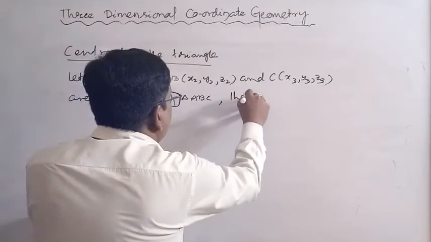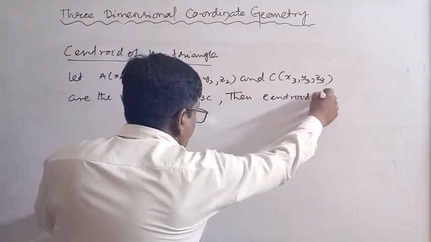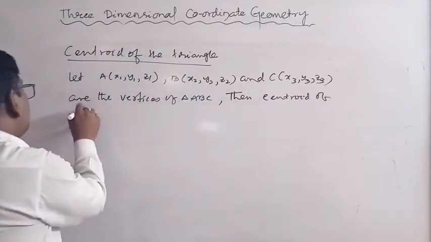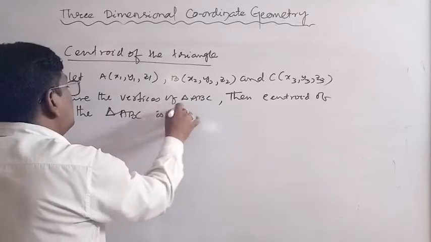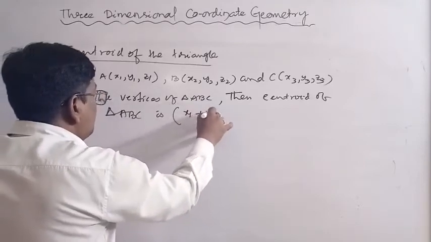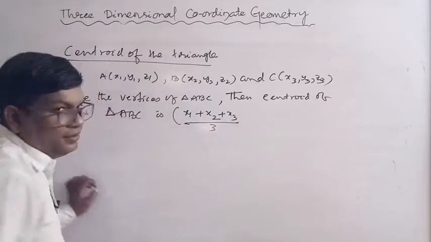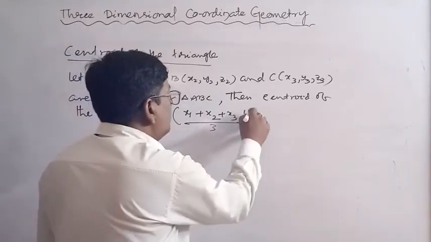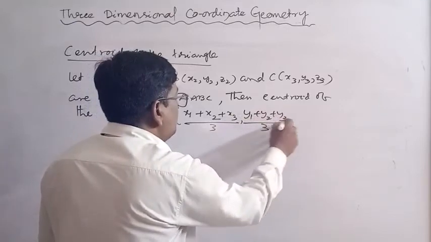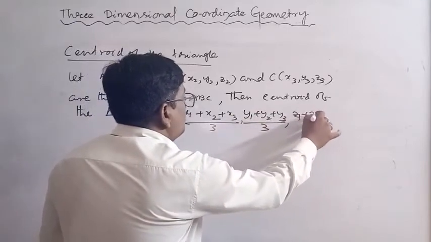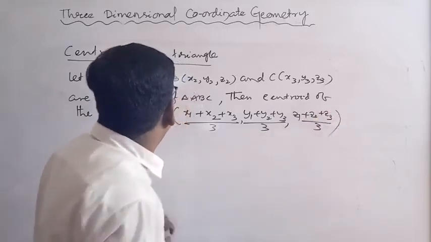Then the centroid of the triangle ABC is (x1 + x2 + x3) by 3, (y1 + y2 + y3) by 3, (z1 + z2 + z3) by 3. This is the centroid of the triangle.